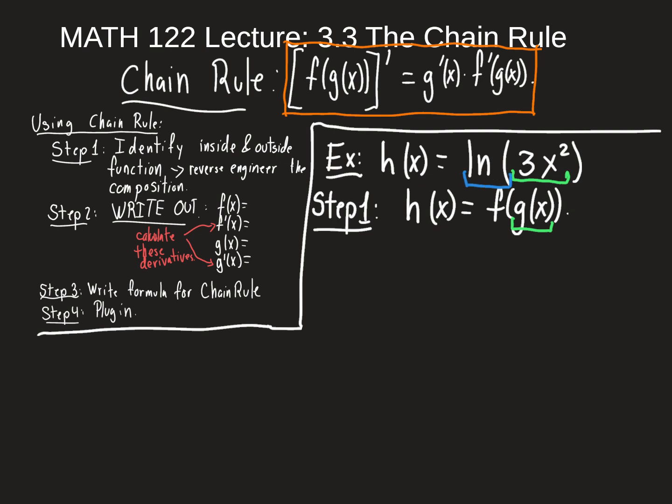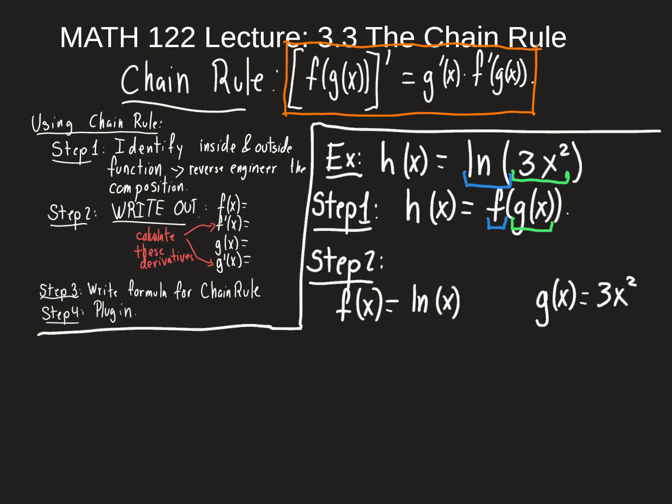And we see that on the outside we have ln. So those are going to be the inside and outside functions that we are going to use. We will use f of x equals ln of x. And we will use g of x is equal to 3x squared.